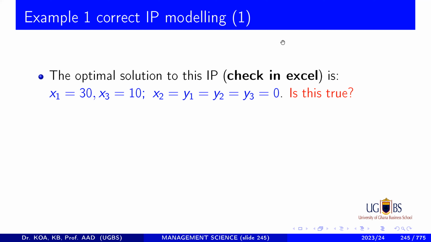See, he wasn't prepared for that question. That's why he's now fidgeting there. Barbara. So I think that if y1 is equal to 0, there's no way that we'll have x1 being equal to 30 because it is dependent on the fact that the machinery has to be present or available. Correct. What other thing?